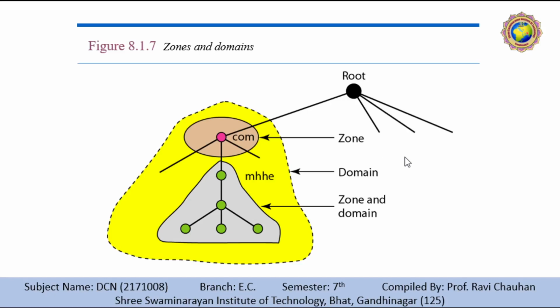The information about the nodes in the subdomains is stored in the servers at lower levels, with the original server keeping a reference to these lower level servers. Of course, the original server does not free itself from responsibility totally. It still has a zone, but the detailed information is kept by the lower level servers.